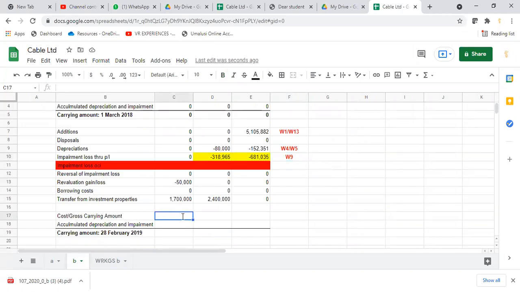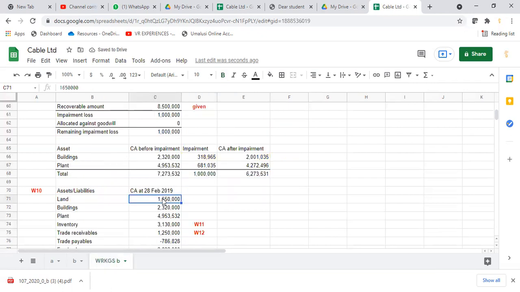So gross carrying amount, it's going to be that plus that. Land has no depreciation, so they won't have accumulated depreciation. So therefore, carrying amount is 1650. Okay, so 1650 as we expected over there.